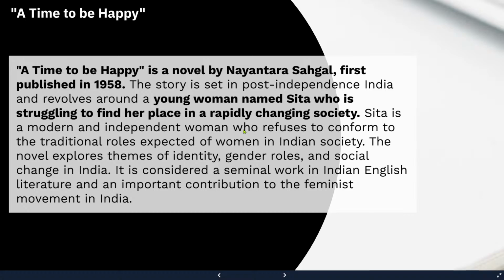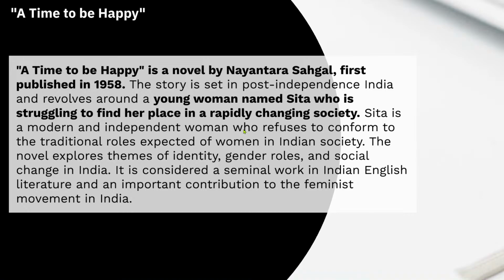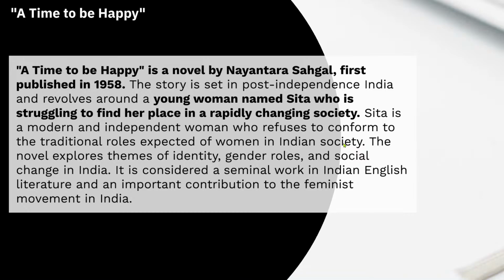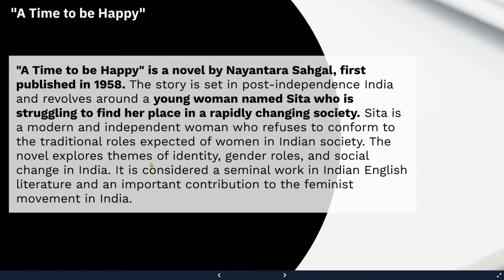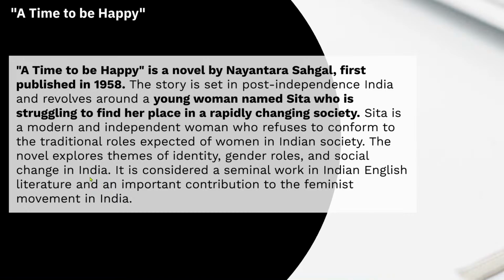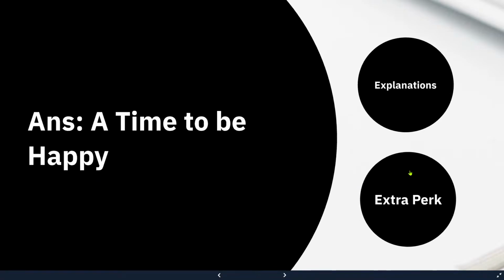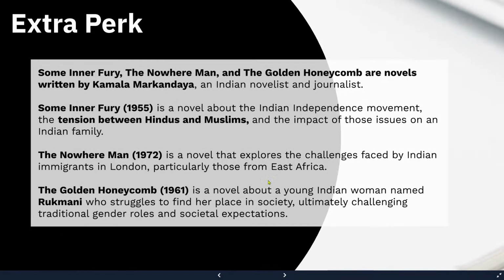So Sita is a kind of modern and independent woman who refuses to conform to the traditional roles expected of women in Indian society. And this novel explores the themes of identity, gender roles, and social changes in India. And we have an extra perk for it.